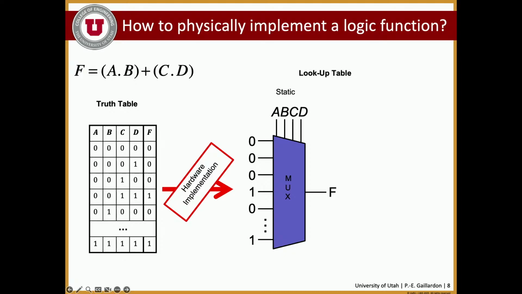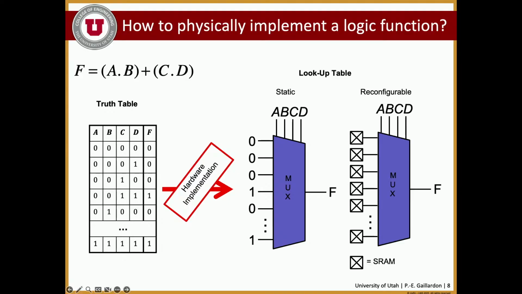Now, if we want to make that static, you're going to use fixed values, so you connect to ground or to VDD, the actual inputs of your multiplexer. Or if you want to make that reconfigurable, you put memories. Now, if you program these memories, you can change the values of your truth table, and ergo, you'll be able to change the function that you're going to have at the output of your lookup table.